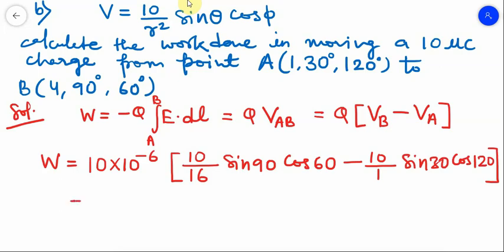So here it will be 10 into 10 to the power minus 6, and it is 10 upon 32, because sin 90 is 1 and cos 60 is 1 by 2, so 16 into 2 is 32, minus this one, which is minus 5 by 2.